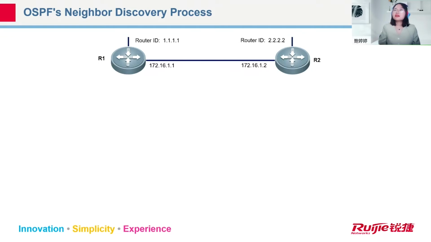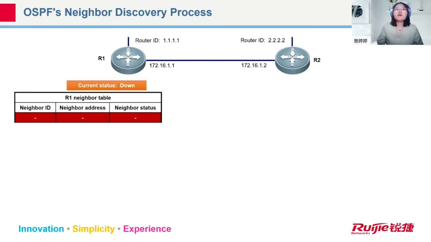So in the same AS, if you're running the OSPF protocol, each router's router ID, the name, should be unique. And how to give the router ID, how to select the router ID, later I will talk about the detail. We can select automatically from the different interfaces, or also you can use the command directly to give the router ID for devices.